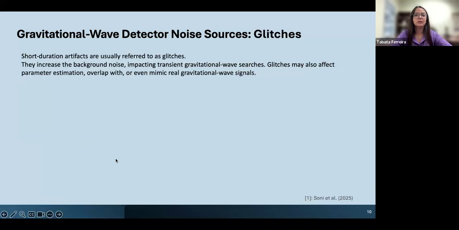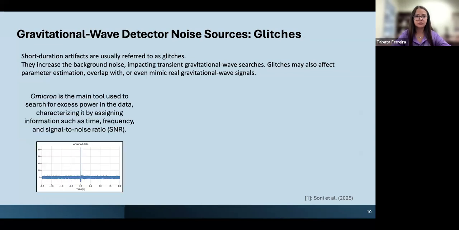All right, the second type, short duration artifacts or glitches. As I mentioned, these glitches increase the background noise, may affect the parameter estimation, and can mimic a real gravitational wave signals.